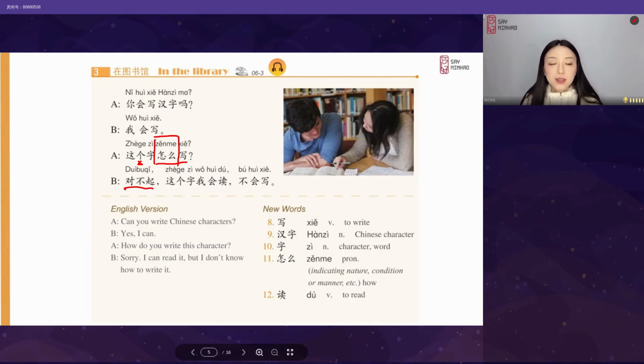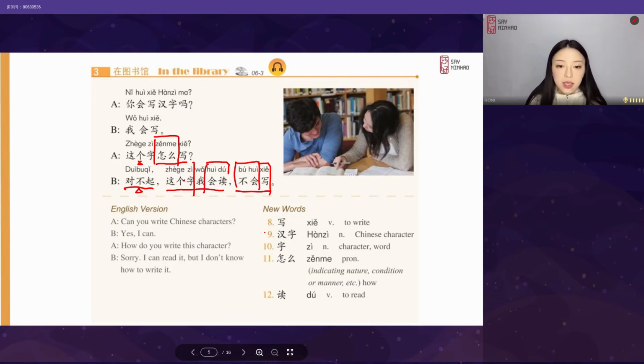Still remember this word 对不起? It means sorry. And 不 is a neutral tone too. And let's see 这个字我会读, this character I can read, 不会写. 不会 is the negative form of 会. I can't write. It means sorry, I can read this word but I cannot write it.